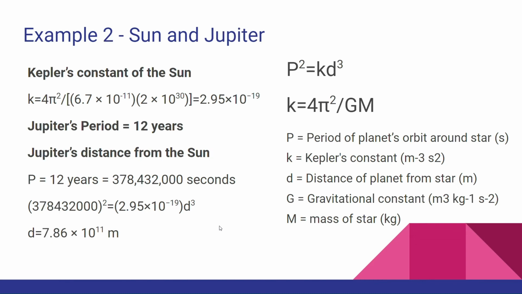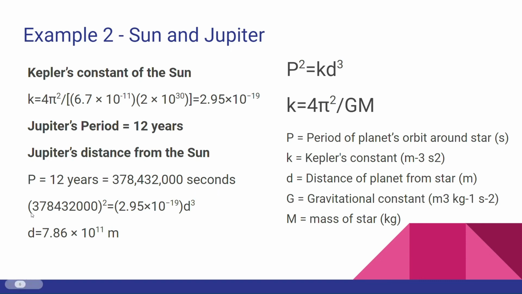Next, quickly, we'll go over the distance of Jupiter from the Sun. We don't have to calculate the Kepler's constant again because we're still looking at the Sun, so Kepler's constant remains the same. However, Jupiter's period is different from that of the Earth's. Jupiter's period is 12 years. First, we're going to convert that to seconds. So 12 years in seconds is 378,432,000 seconds.